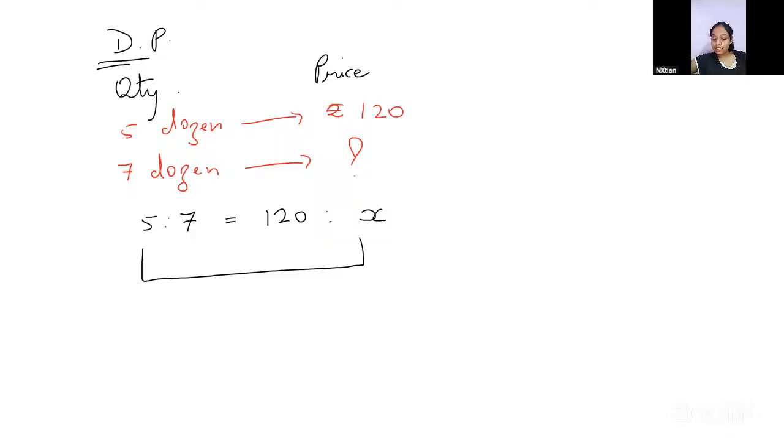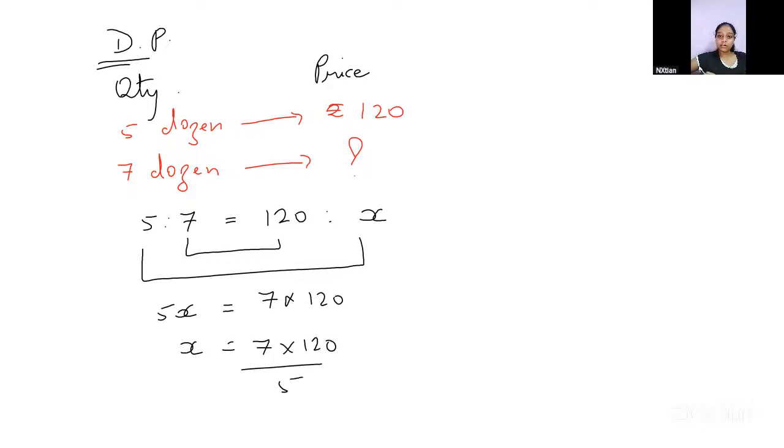Multiply the extremes and the mean terms together. So 5 into x, 5x equals 7 into 120. x equals 7 into 120 divided by 5. 5 cancels, so multiply 7 times 24.